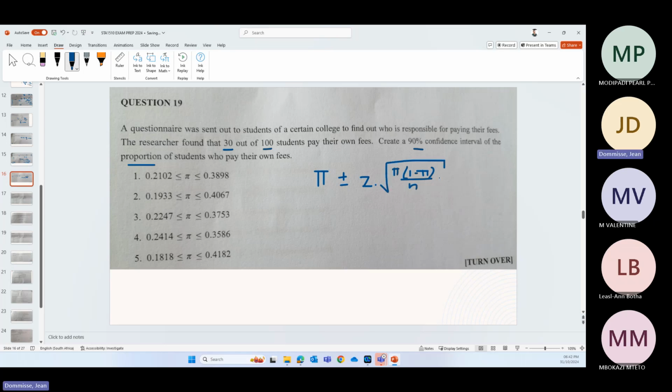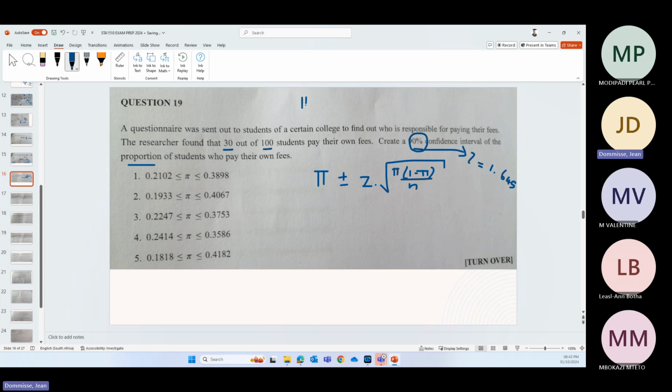When we see 90%, we know Z is equal to 1.645. That is in your study guide as well, I think in study unit 7, where they have that table of 90%, 95%, and 99%. So Z is 1.645.